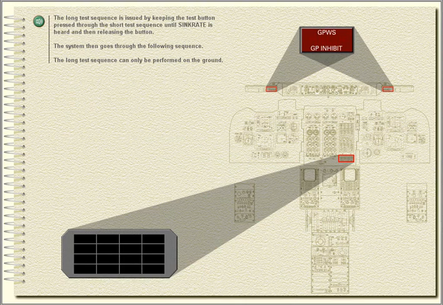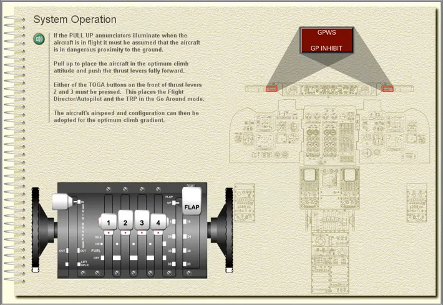The long test sequence can only be performed on the ground. System operation. If the pull-up annunciators illuminate when the aircraft is in flight, it must be assumed that the aircraft is in dangerous proximity to the ground. Pull up to place the aircraft in the optimum climb attitude and push the thrust levers fully forward.